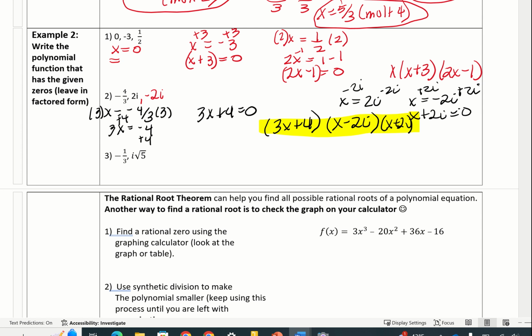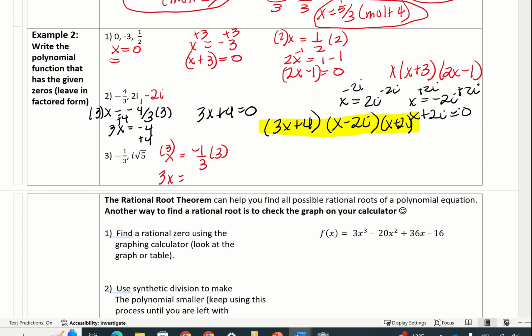-1/3, again, you would say, x equals -1/3, and we would multiply this by 3. So we get 3x equals -1, and if we want to get 0 on that right-hand side, we move the 1 over here by adding. So we get 3x plus 1 for one of our factors.